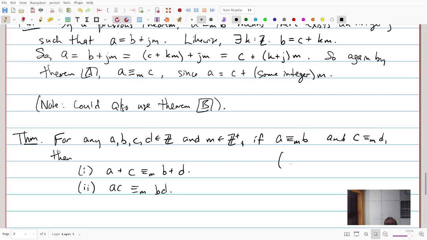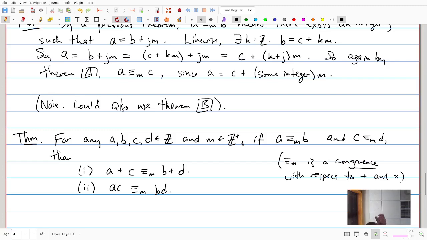Okay, the fancy word for this is that equivalence modulo M is a congruence with respect to addition and multiplication. You don't need to memorize that word, but that is the fancy word for this.